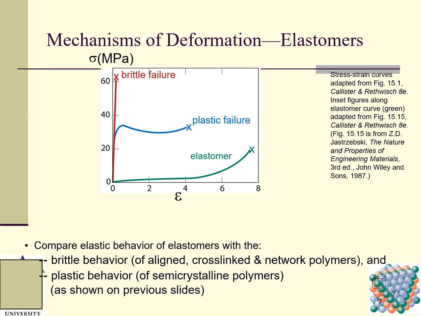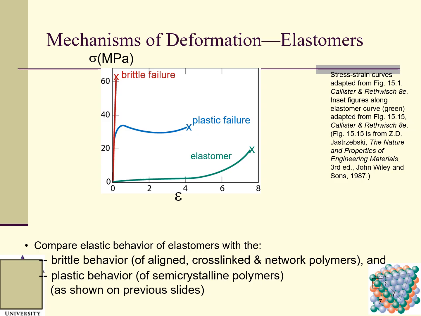And then we talk about mechanisms of deformation for elastomers. We still have brittle failure, plastic failure, and elastomer. We compare the elastic behavior of elastomers with the brittle behavior and the plastic behavior.